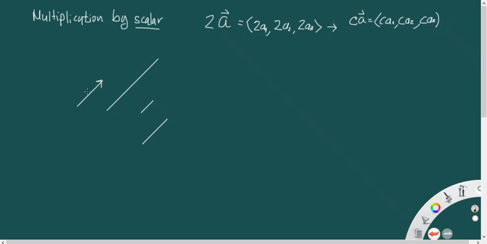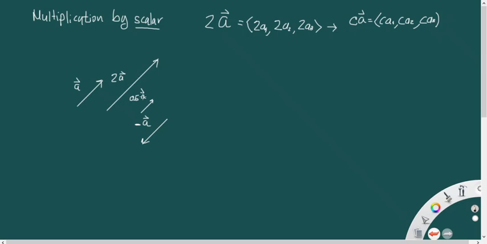Graphically, if this is vector A, and this is the length or the modulus of vector A, 2A will be 2 times the length of A. So in this case, more or less, this could be 0.5 times A. And in this case, let's say that this will be minus A. So if we multiply the vector by a negative quantity, we will have the vector pointing in the opposite direction.